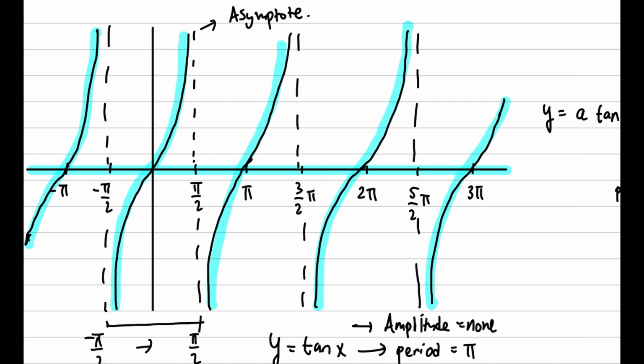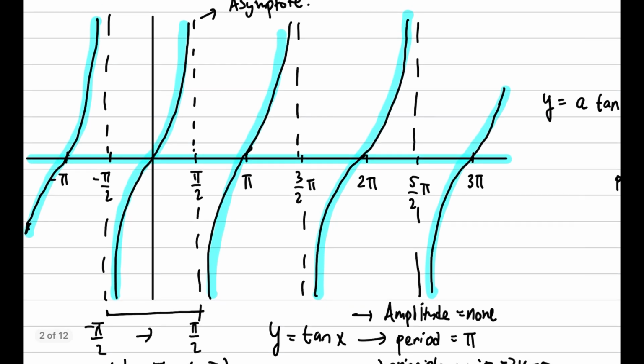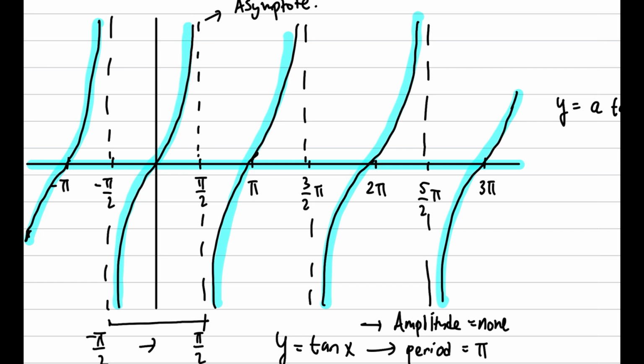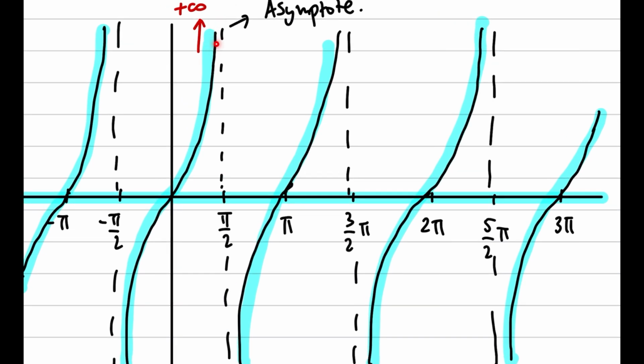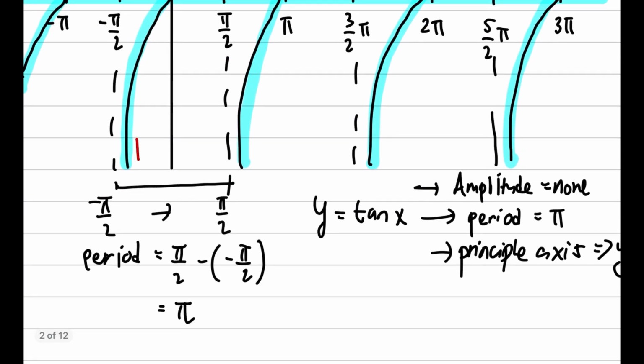The asymptote is a line that the graph will never touch. So if you see the graph here, that will go up forever, infinitely. This goes up forever, but I can guarantee you this graph will never touch this asymptote. And that's the same for the other side. This graph will go down forever, but will never touch this asymptote.